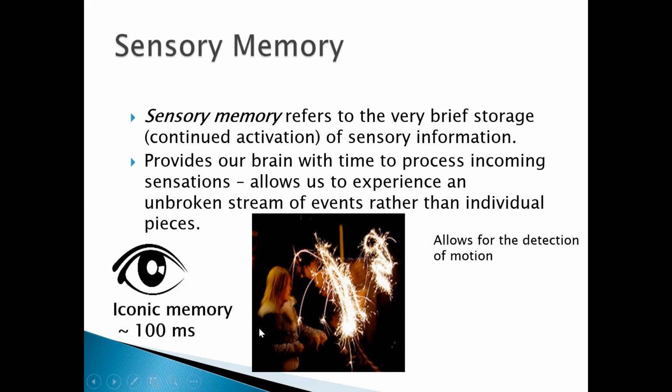And so from where the sparkler was 50 milliseconds ago or 100 milliseconds ago, because that sensory code in the brain is still activated, you can still kind of perceive it. And so this is essentially a picture of that iconic sensory memory, and that even though the sparkler is no longer there, you can still see the light in the sensory code from when it was there, as long as it's within 100 milliseconds.